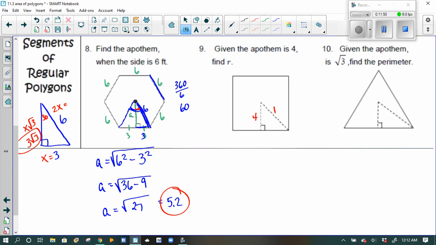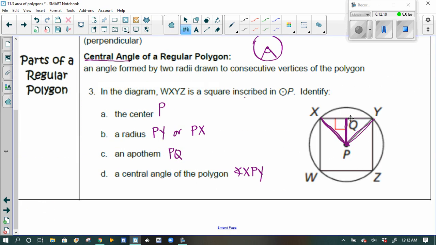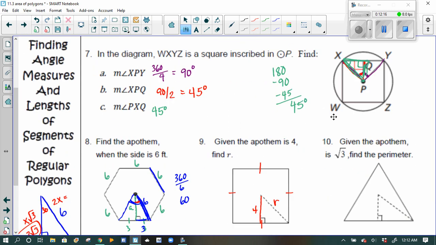find the radius. Okay, well, this is a square because all of this only works on regular polygons. So if all of these sides are the same, okay, remember what the apothem does is it cuts it in half, right? So if you'll recall just a second ago in this picture here when we had a square, these two angles were 45, it's going to be that way on every square, okay?